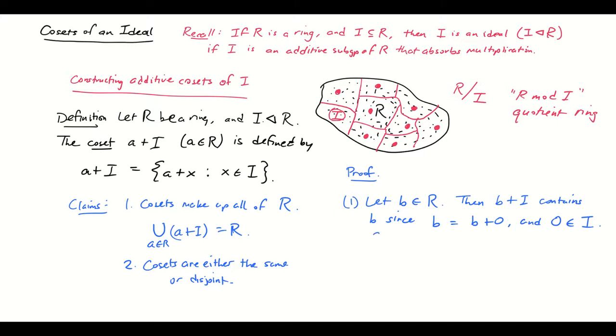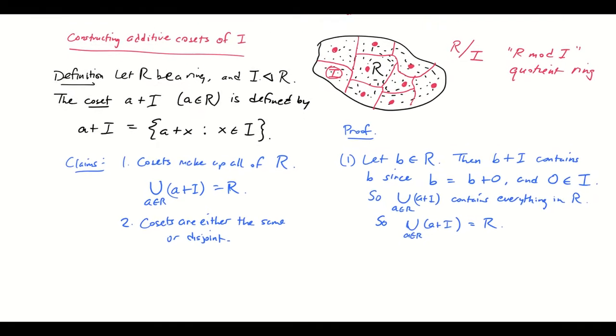So this union contains everything in R, and because it's made of elements of R, it can't contain anything that's not in R. So this union is all of R. Okay, great.